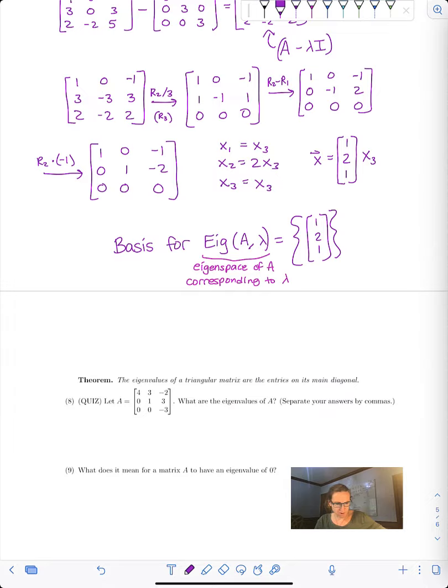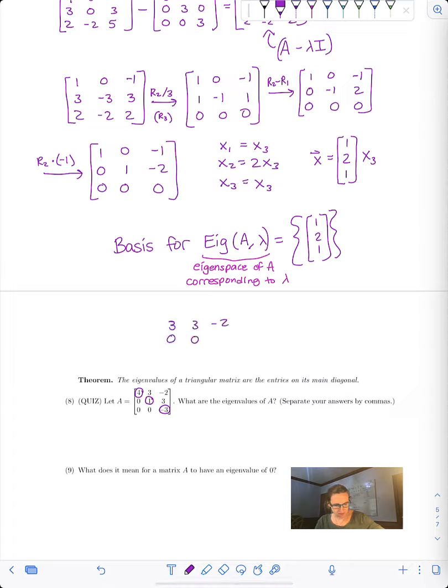Okay, so the eigenvalues of a triangular matrix are actually just the values on the main diagonal, and you can kind of see that if you subtract one of those out. Like if you subtract the identity from this matrix, I'm just going to write out what we get. You will end up with 3, 3, negative 2.